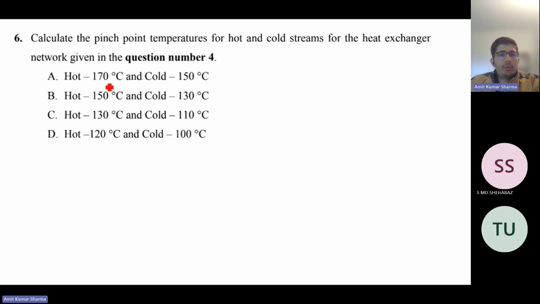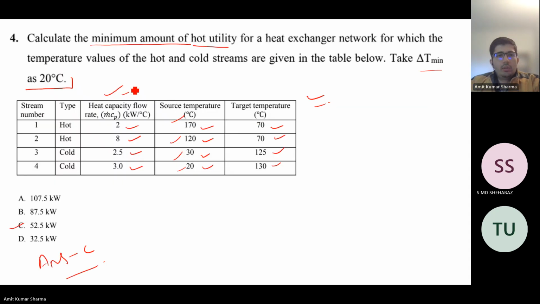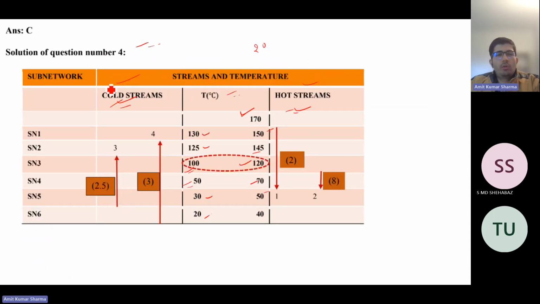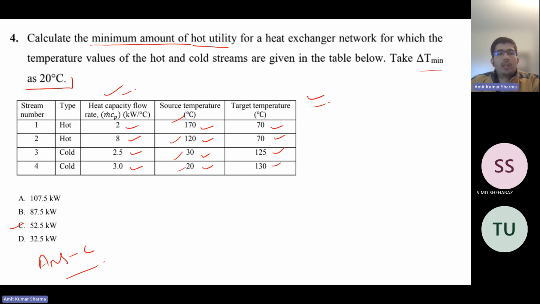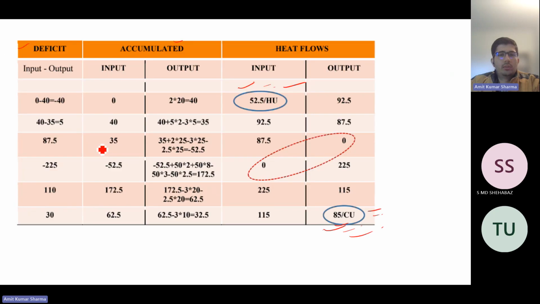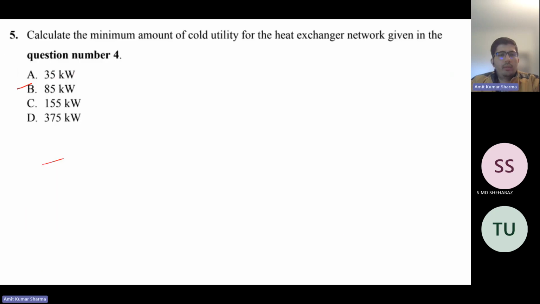Now calculate the pinch point temperature for both hot and cold streams for the heat exchanger network given in question number 4. Again, we have to use the same calculation. This complete calculation is not only for one question; there are multiple questions linked to it.